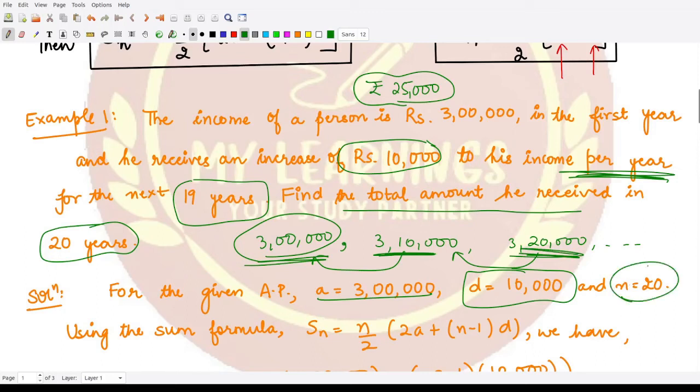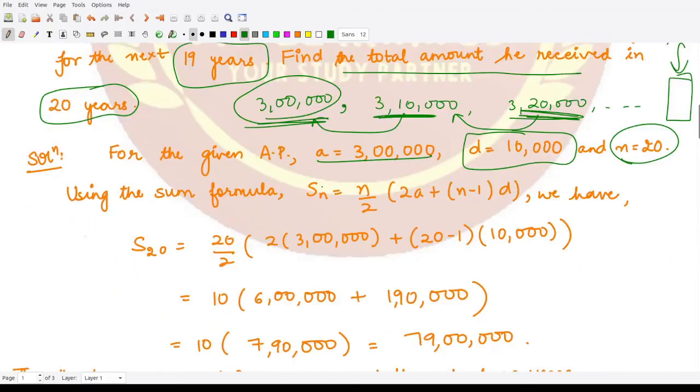So we wanted to calculate how much money we would get after 20 years. In the 20 years, what is the sum of money that would be collected by me, correct? So using the sum formula, we know the sum up to n terms is given by n by 2 times (2a plus (n minus 1)d), correct? Now if we substitute n equal to 20 here, we would have S20, right?